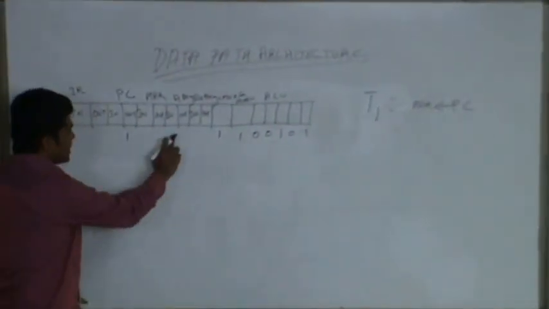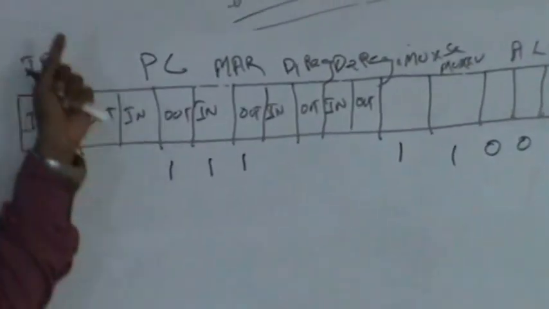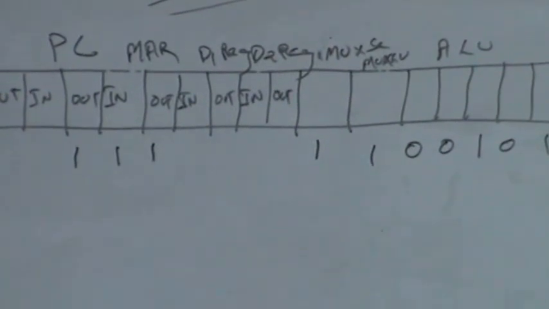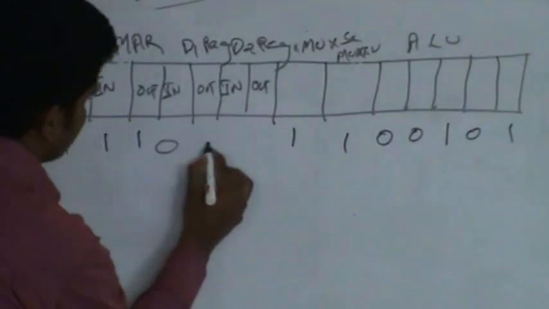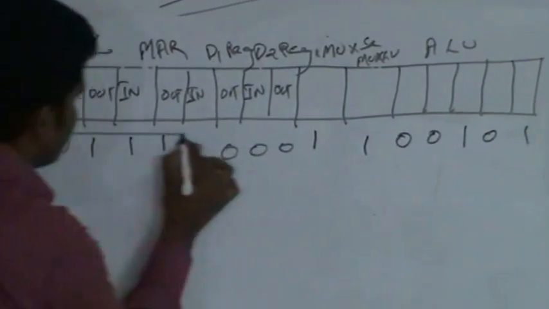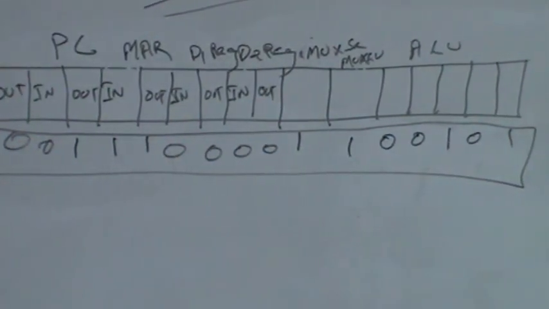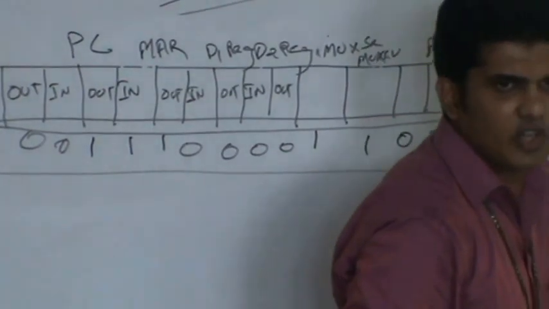Then MAR in and out, because the data is coming in and going out simultaneously on the address bus. Other things should be 0. So this is the control signal generated by the controller for when the contents of PC have to be transferred to MAR.